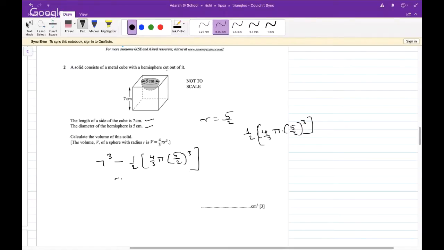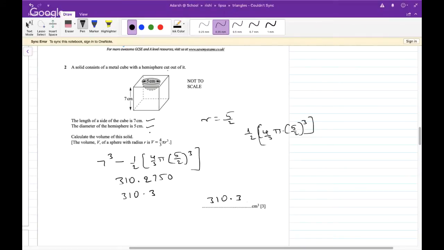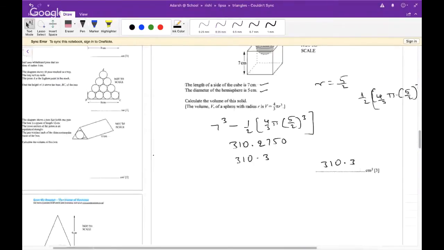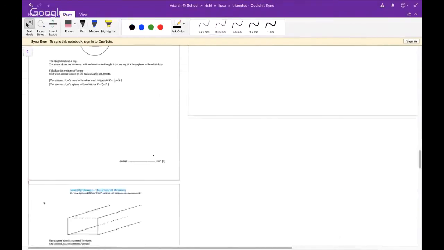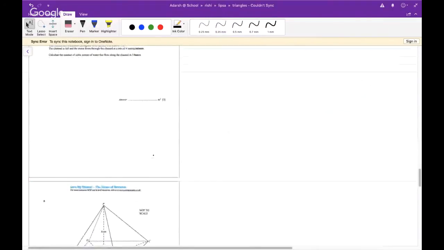The volume happens to be 310.2750, rounded to one decimal place. So this will be the volume of the solid with the cutout. Hope you can solve the rest of the questions. If you can't get them, I'll help you out. Fine, take care.